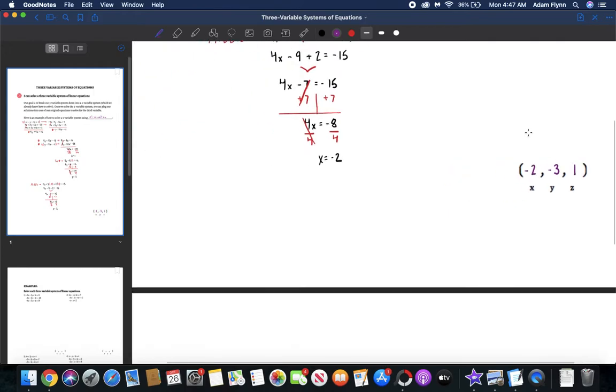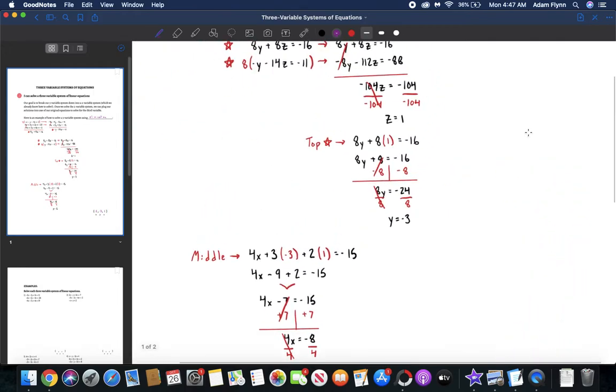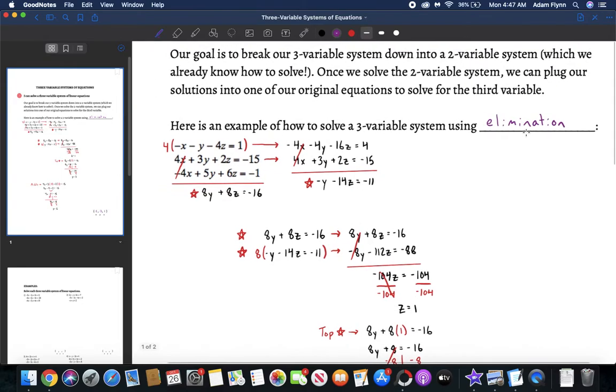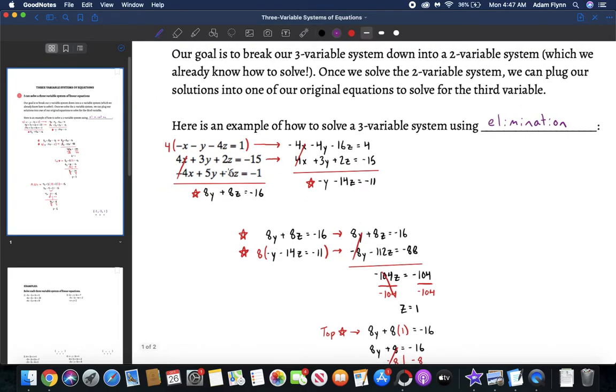Okay, so if we just go and recap this really quick, we had a 3-variable system. We picked 2 equations, in this case the bottom 2 to start off, and we eliminated a variable. From there we picked 2 different equations and eliminated the same variable. It has to be the same.